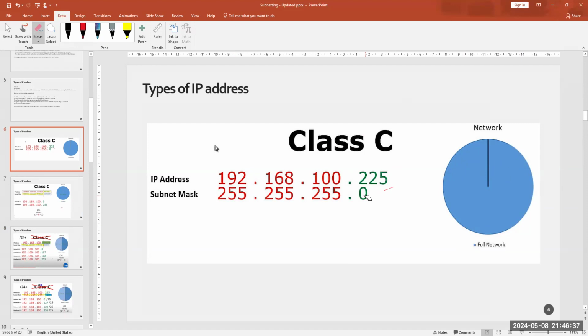Let's not go to the other complications over here. My ask is, this is my IP address, this is my host, and this is my subnet task.